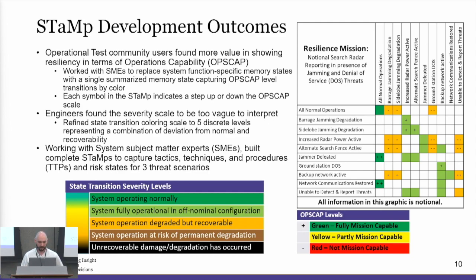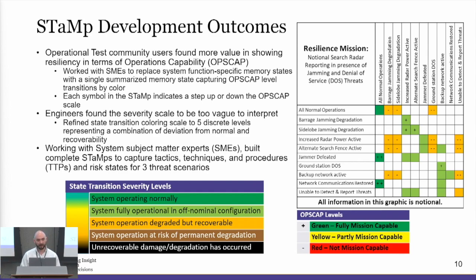And then in the examples or in the stamps that I worked with them, but not in this example, we did have some where we got to these last two states where essentially you're starting to degrade the system permanently, and even some transitions where you go through the black and you're completely losing some capability.